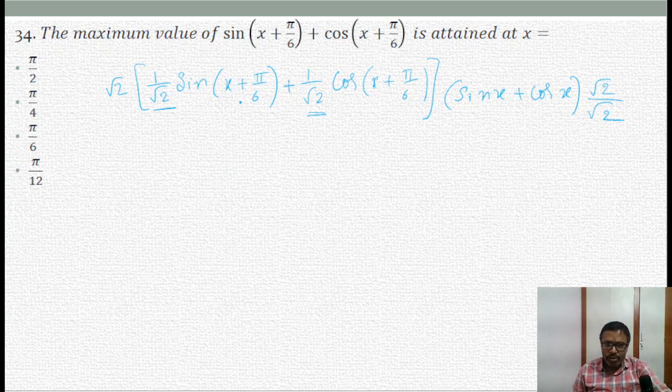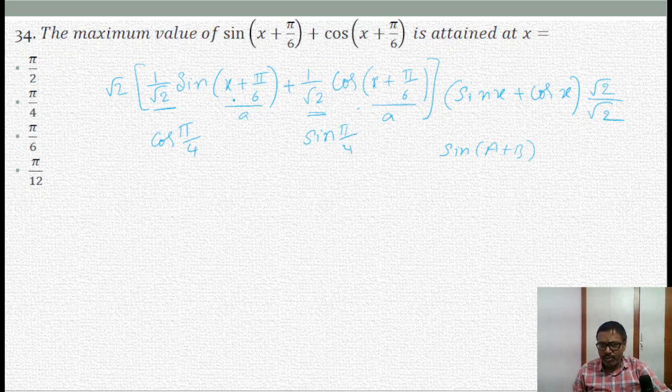So to convert it into sine, I should know sine of a plus b formula. What is sine of a plus b formula? Sine a cos b plus cos a sine b. So sine a is there, I will take it as a. I have to get cos b, I will write 1 by root 2 as cos pi by 4, and here cos a into sine b, I will write this as sine pi by 4.